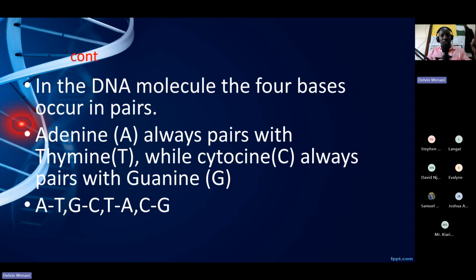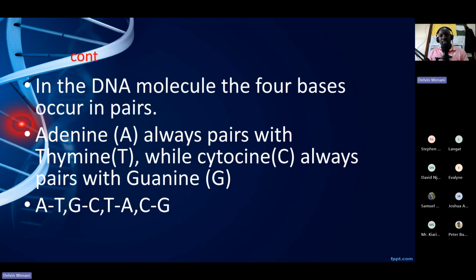I repeat again. I've talked about the structure of a gene. But when we are going down into the DNA, you find that because of the 4 nitrogenous bases I've talked about, adenine, thymine, cytosine, and guanine, because they have to form a twisted ladder, they have to pair up.